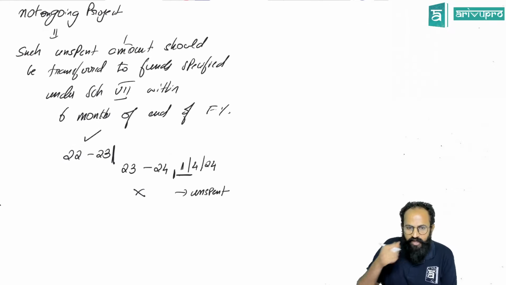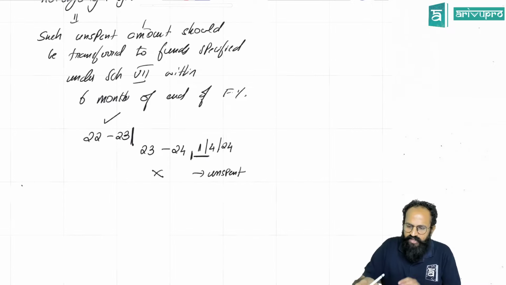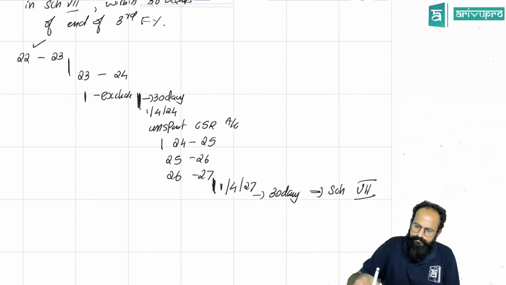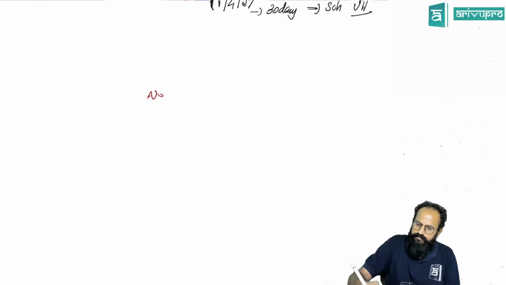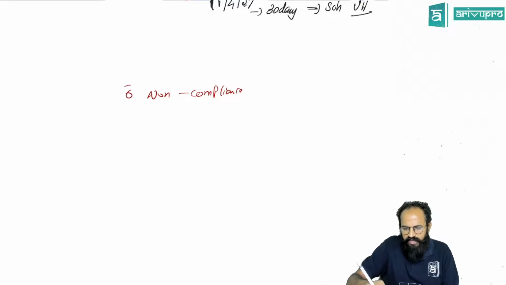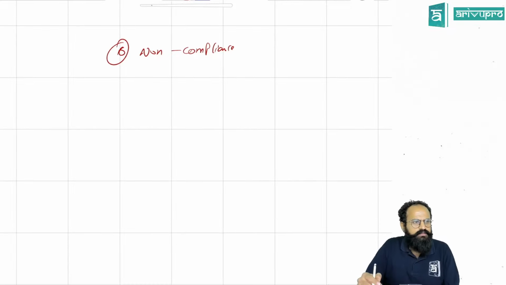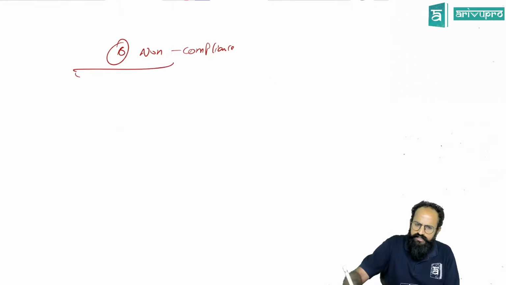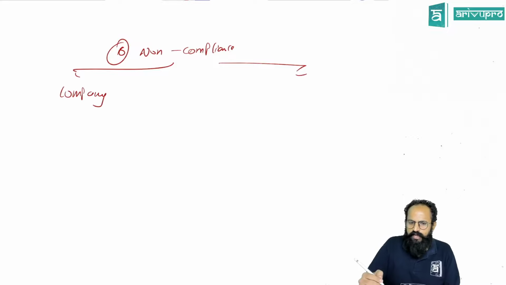Sir, what if there is a non-compliance? This can be important. Sixth one, we did 5. Non-compliance: company and every officer in default.